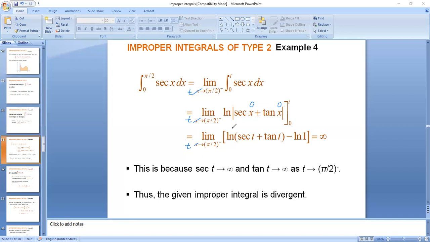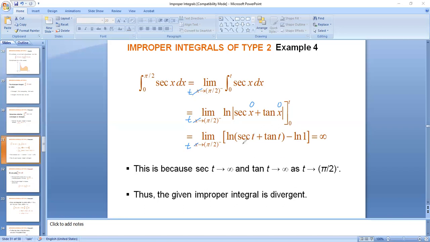That is why I'm saying cosine: if you know the cosine, you just have to invert it, and that would already be your secant. That's the reason why the answer for the lower limit, if you substitute 0, is ln of 1. The secant of 0 is 1, but the tangent is 0. So you have your ln of 1.